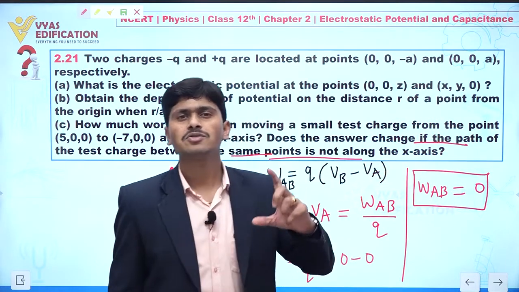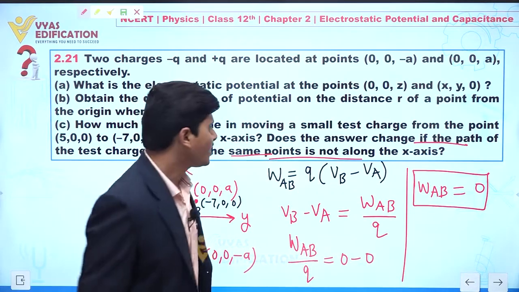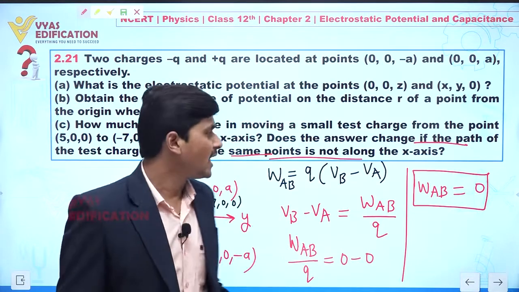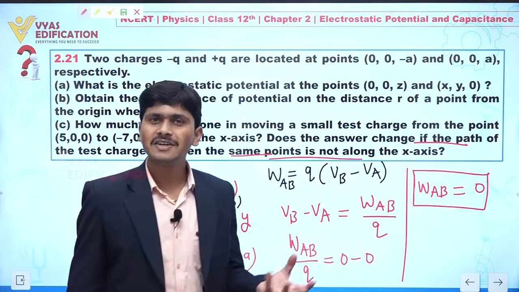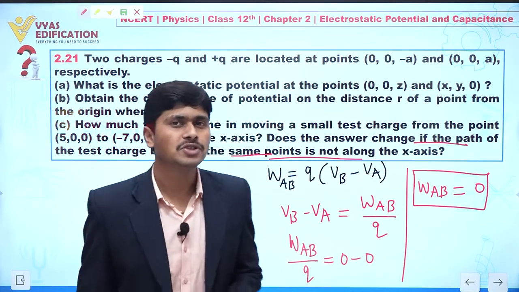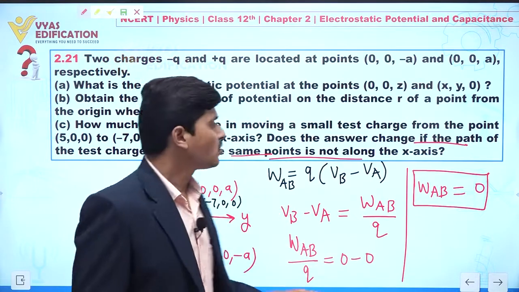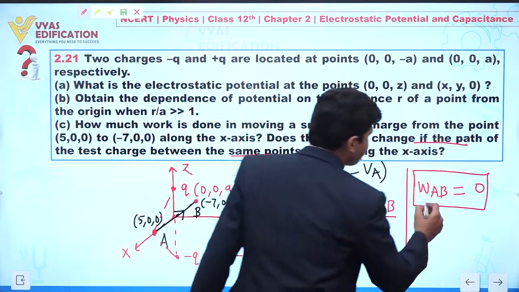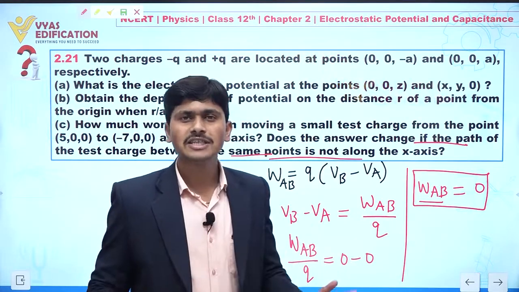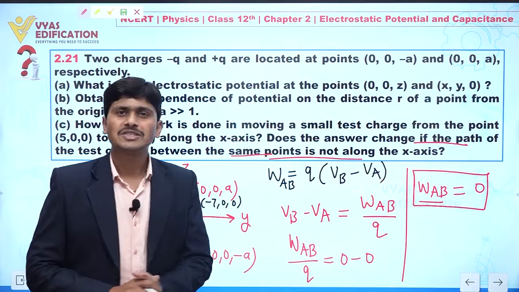It does not depend on the path through which the test charge is going. Electrostatic force is a conservative force, so it depends only on the initial and final position, and the work done does not change. The value of work done always remains 0. Will the answer change? No, the answer will not change if we change the path. So this is all about this question.